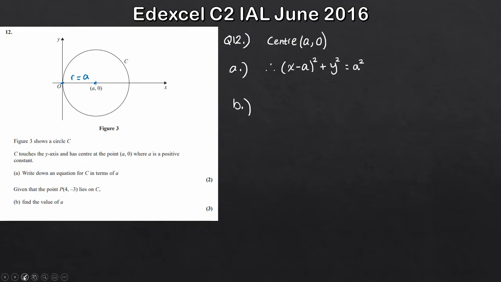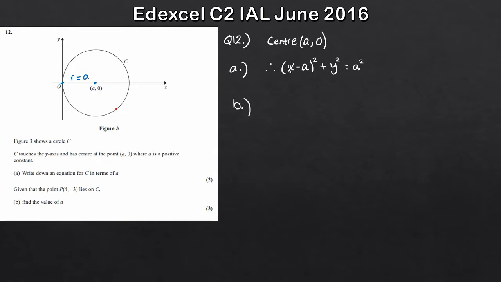So, for example, that's going to be somewhere over here. So let's just say 4, minus 3 might be there. We're told that lies on C. Okay. So using the fact that P lies on C, we've got our equation for C here. All we need to do is just substitute in.